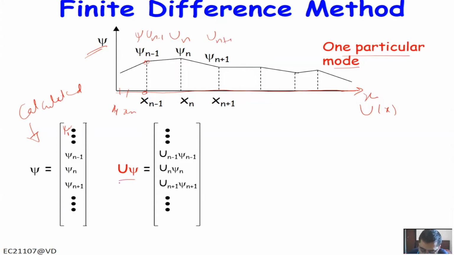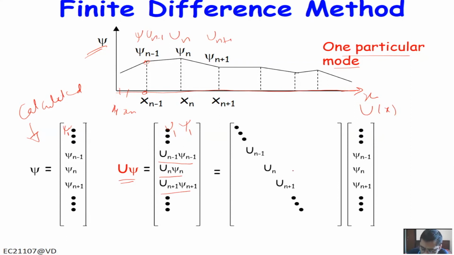So U psi will be a product of potential multiplied by psi: U n minus 1 psi n minus 1, U n psi n, U1 psi 1, like this. And this can be written as a diagonal matrix U times the vector psi. So if you multiply, you will get U psi.